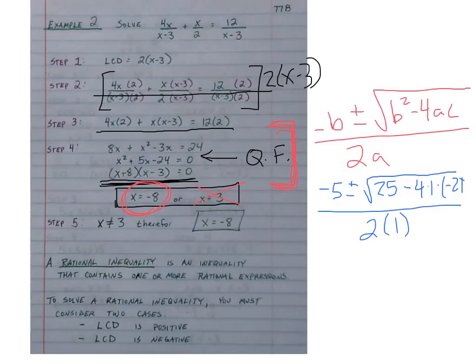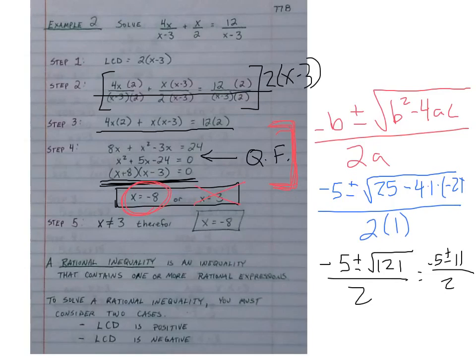Simplifying this further, we get negative 5 plus or minus the square root of 121 over 2, which is negative 5 plus or minus 11 over 2. This gives us the answers negative 8 and 3.